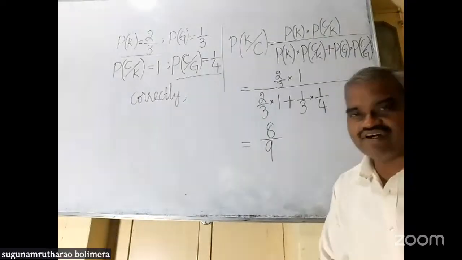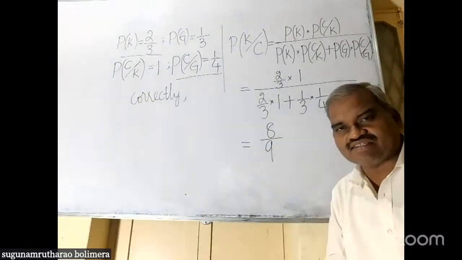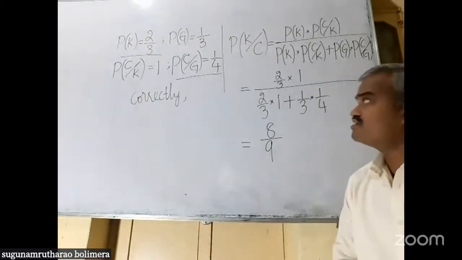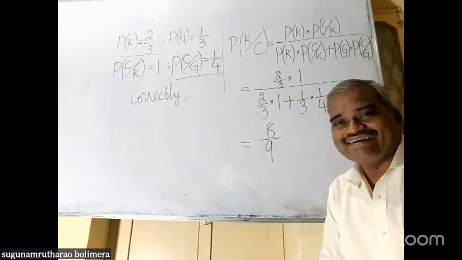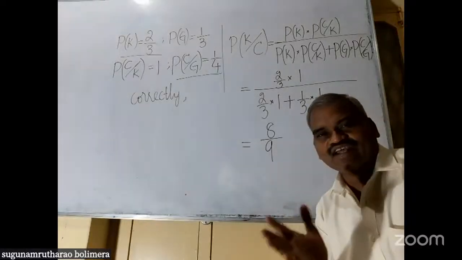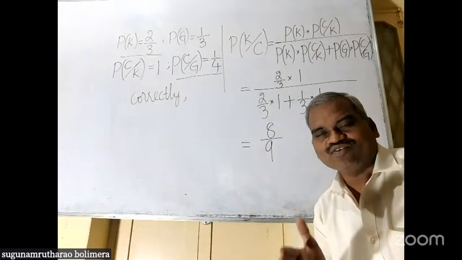So we have given a student knows the answer with probability 2 by 3. P of G is 1 by 3. How are you getting P of G 1 by 3? See, while writing the examination, if you don't know what you will write, you will guess. So P of K is knowing, knowing is 2 by 3.